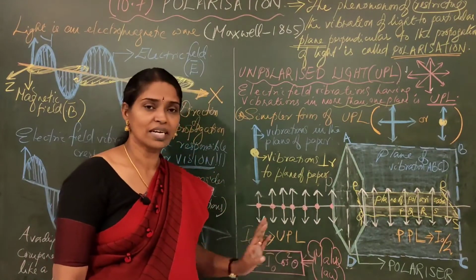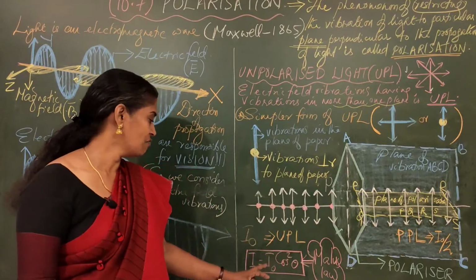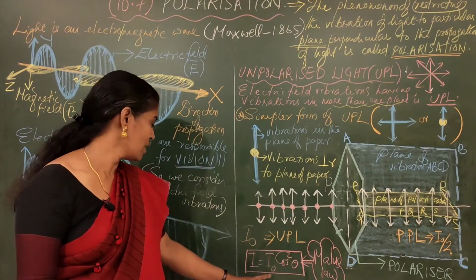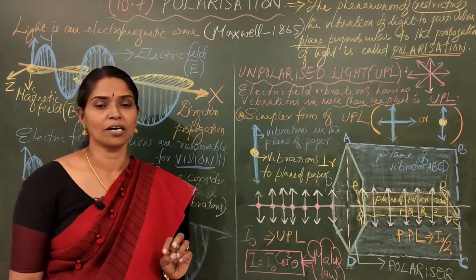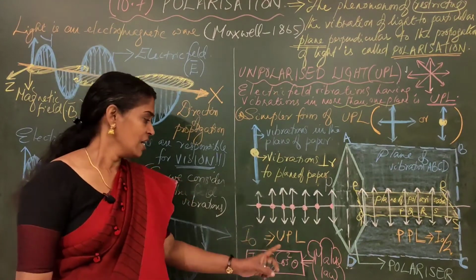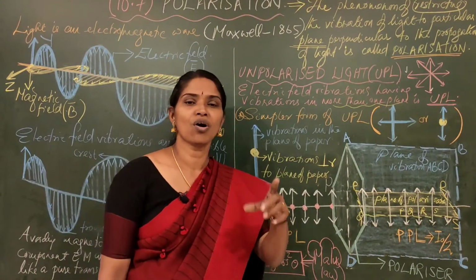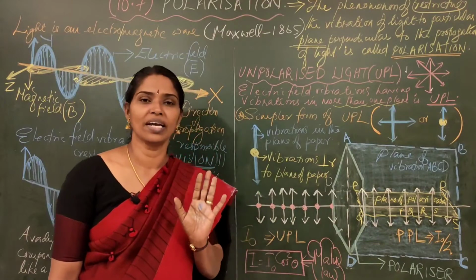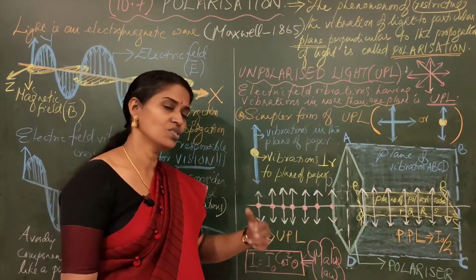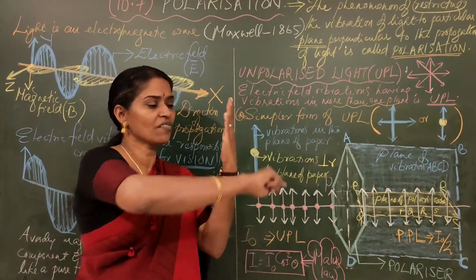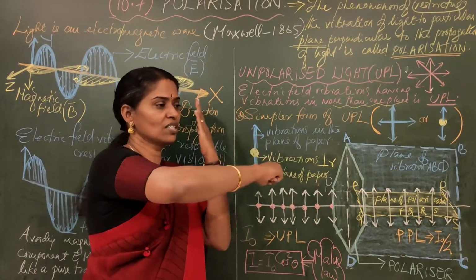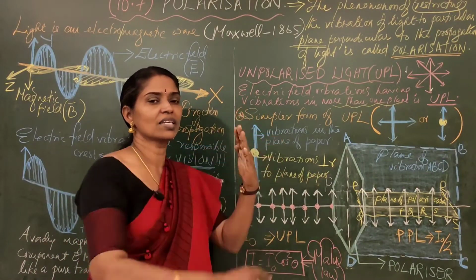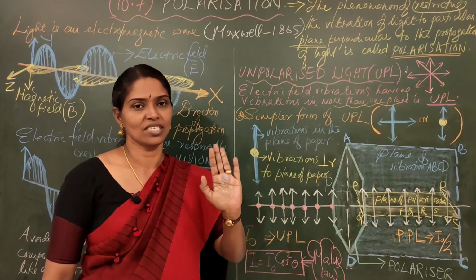Malus is a scientist who measured all this and found a law, I equals I0 cos square theta. If the crystallographic axes are 90 degrees to each other, polarizer and analyzer, you won't get any intensity.